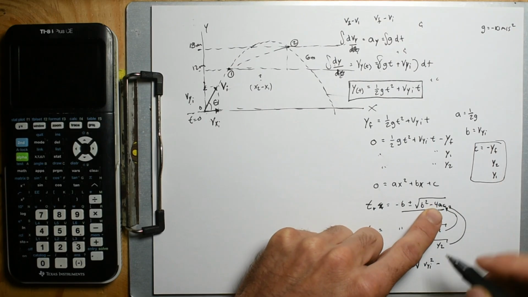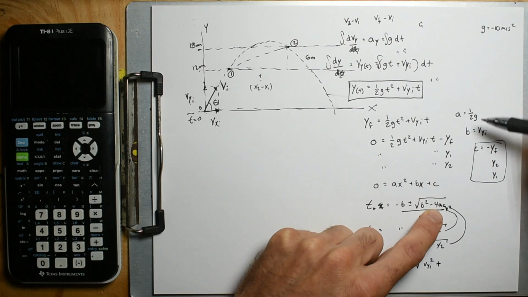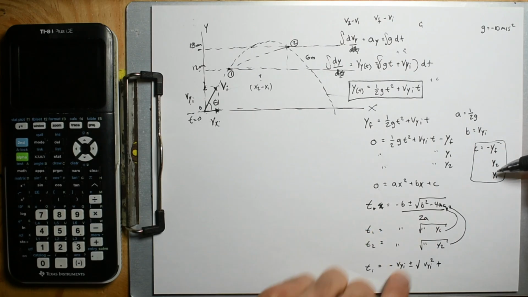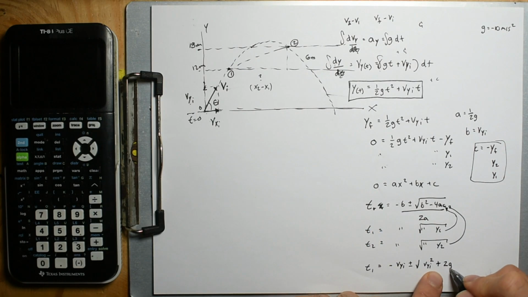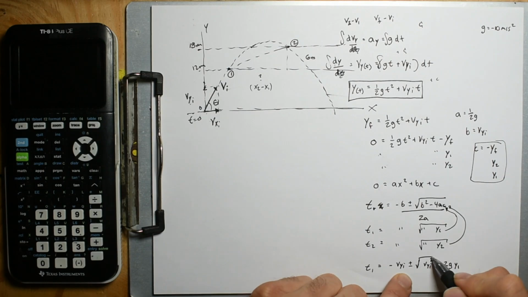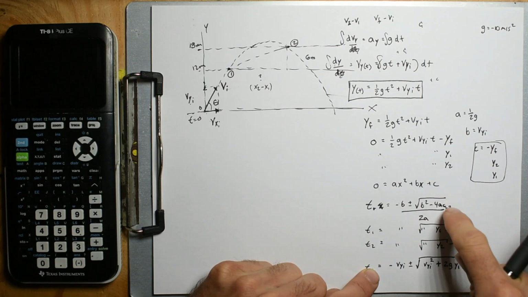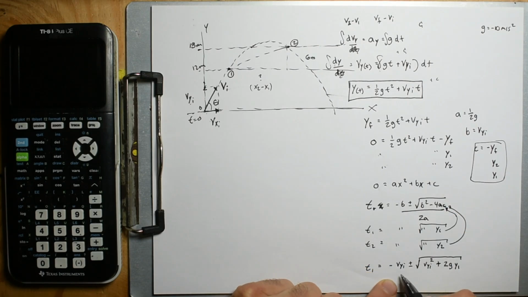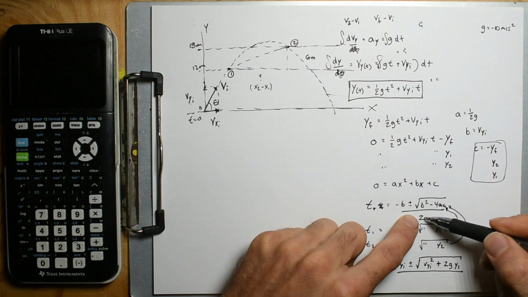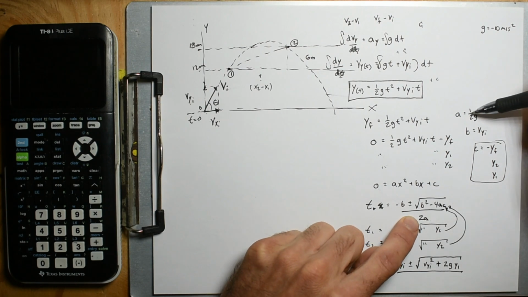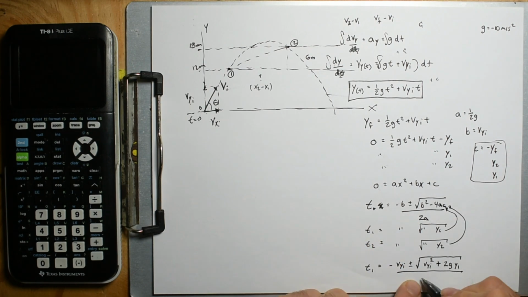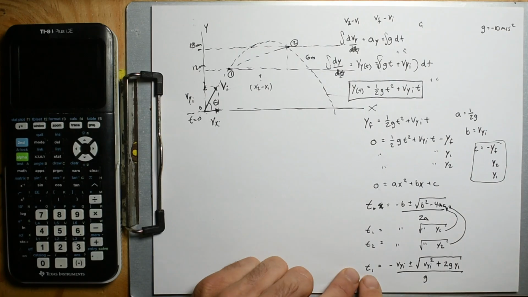There's two negatives, so I'm going to have a positive. So I'm going to have 2g y1. You can double check that, because this negative 4ac is the biggest hiccup in the quadratic, the easiest place to make mistakes. Now we have 2a. 2a is just this twice, so that's just g.